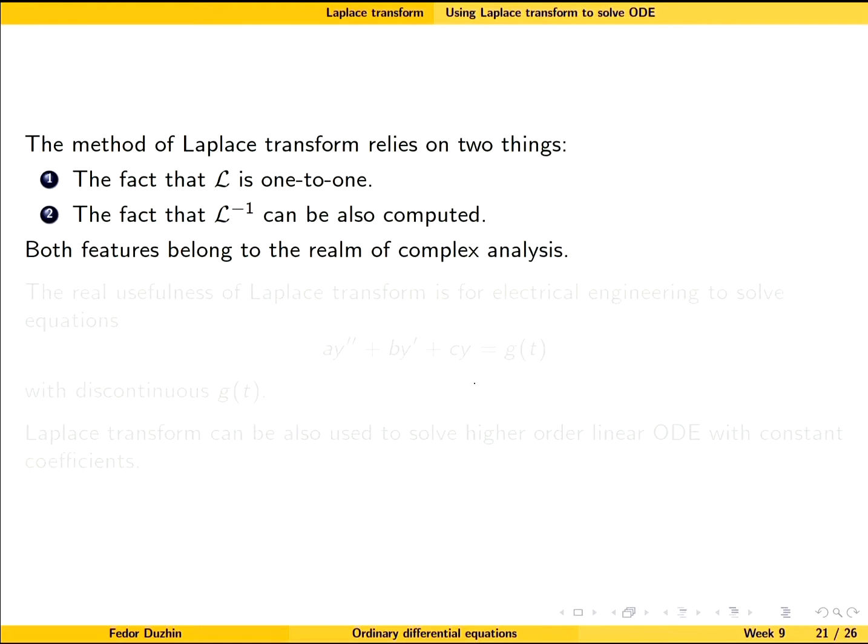So what we usually do, we have a table of pre-computed Laplace transforms, and then when we compute the Laplace transforms of the right-hand side of the differential equation, and when we compute the inverse Laplace transform of the result, we do it using the table of Laplace transforms, other than the explicit formula for the inverse Laplace transform.